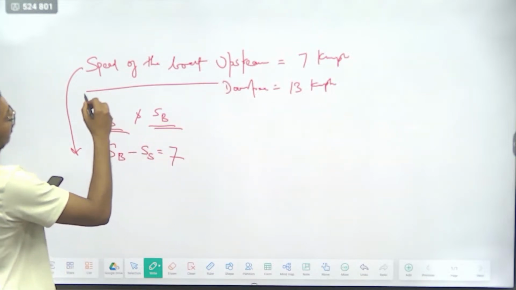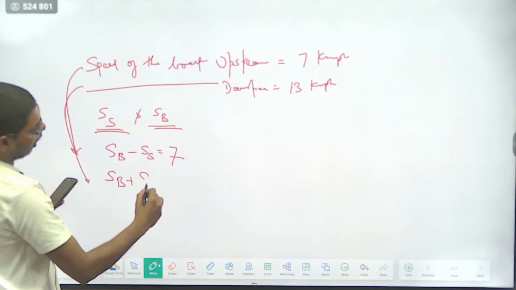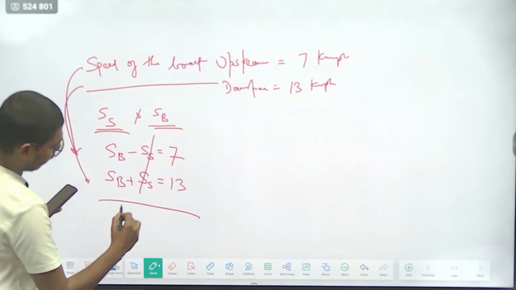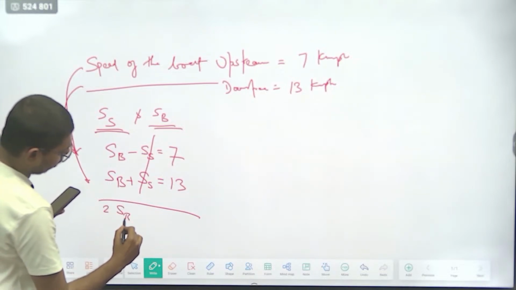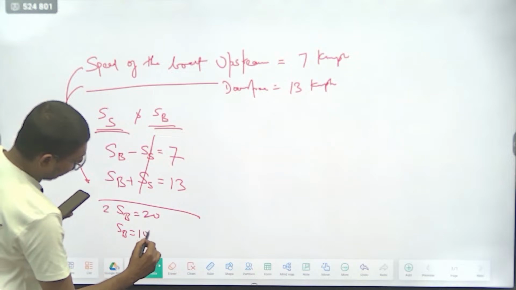Downstream, the speed of the boat and the speed of the stream get added. This will get cancelled. 2 times the speed of the boat is equal to 20. Speed of the boat is 10.